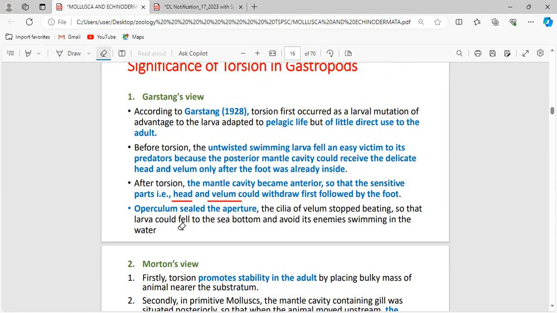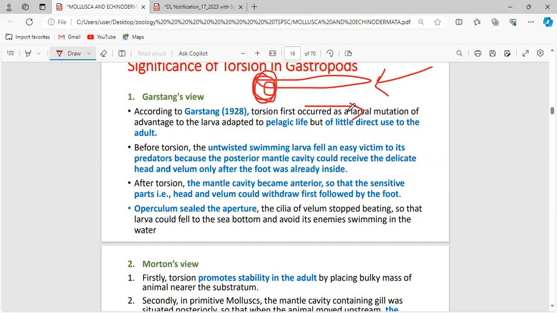Everybody clear with this point? If all the sensitive organs were in the posterior region, the animal couldn't sense any danger in front, where it moves forward. Generally the animal moves forward. This is the anterior region, this is the tail region. What is the purpose of a sensory organ?